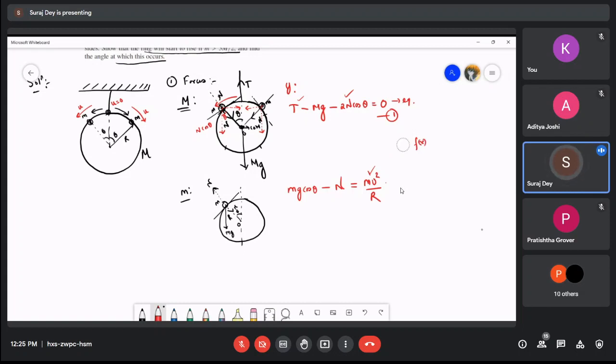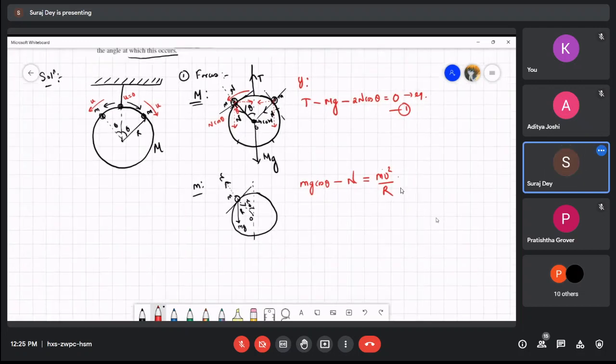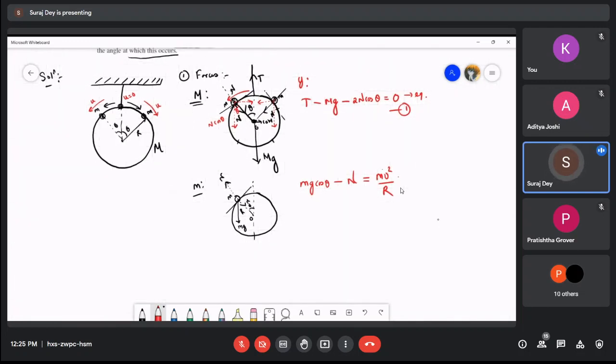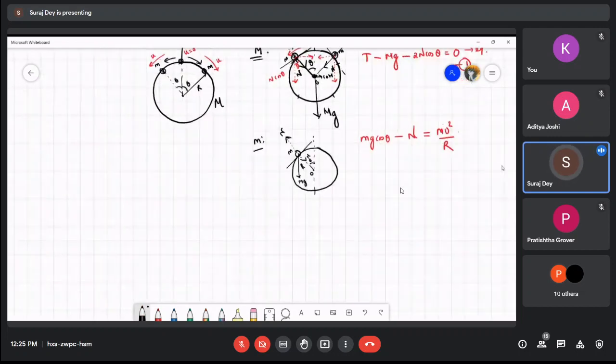So you can't really move forward from these two equations, and you need to use one more extra condition, and that comes from your energy conservation. In this entire setup, there are no dissipative forces. It is assumed that there's no friction and everything. So you can safely use your conservation of mechanical energy.